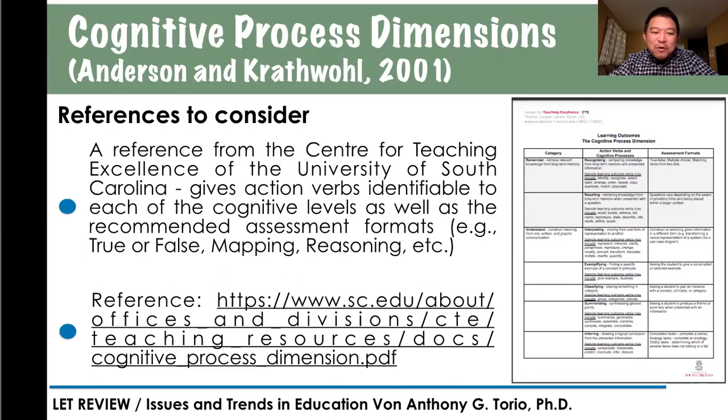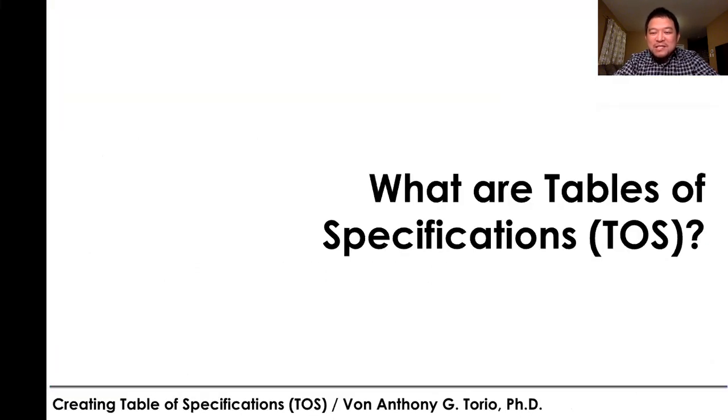So say, for example, if it's the lowest level, which is remember, true or false might be the best format that you can consider for this one, or some others, of course, that you can find in other references, such as multiple choice questions. And once again, the link to all three references that I've mentioned will be included in the description box of this particular presentation.